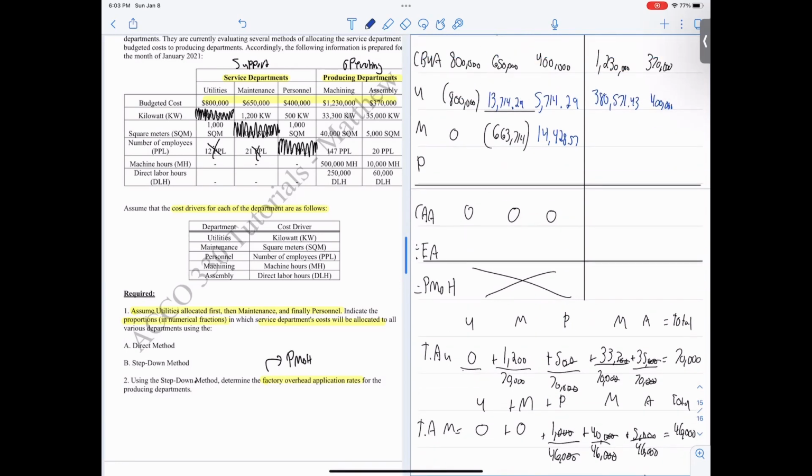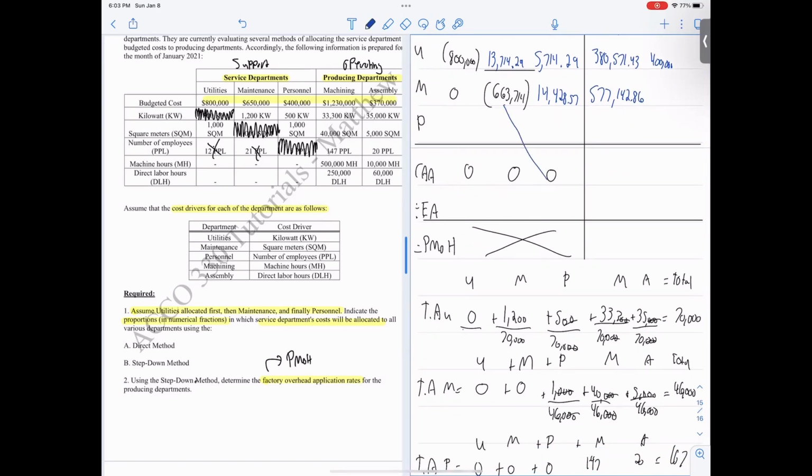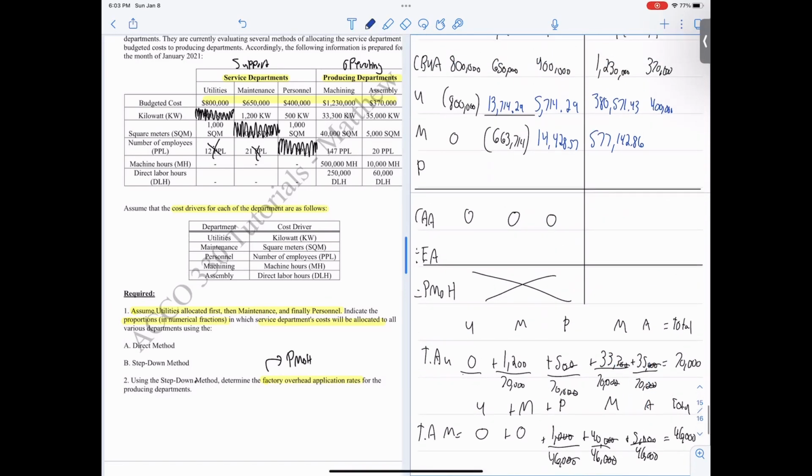And 663,714 times 40 over 46 gives you 577,142.86. Then 663,714 times 5,000 over 46,000 gives you 72,142.86.